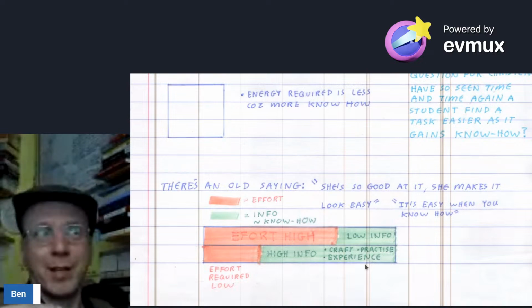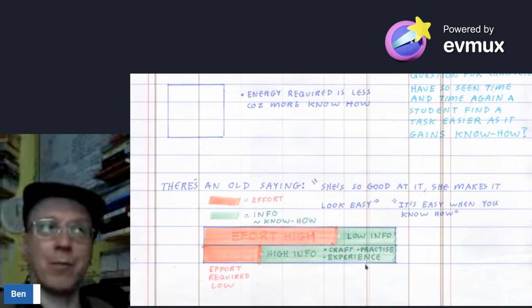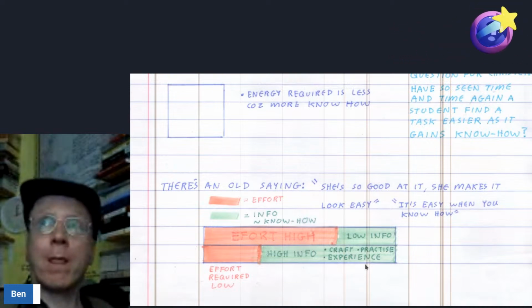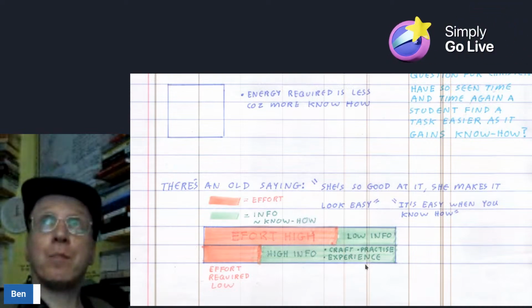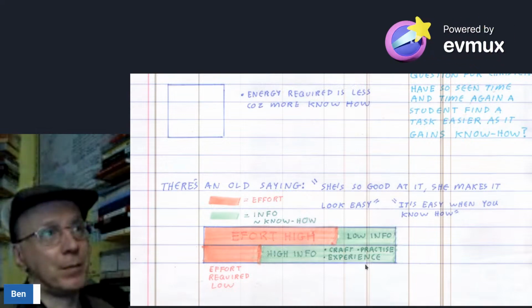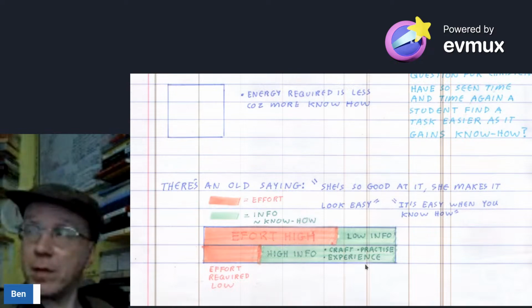So they will affect each other. It's just like those people who want to keep nature and nurture separate. Well, they interact with each other. So energy and information are going to interact with each other. Or what we can say is motivation and know-how. The motivation to do a task and the ability to do the task are going to interact with each other.